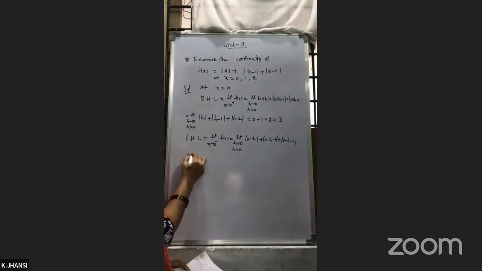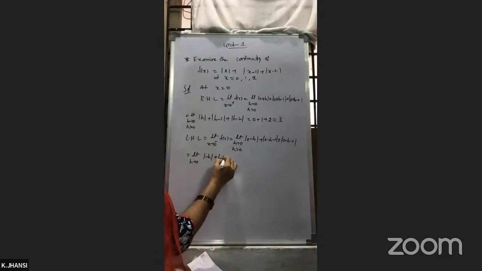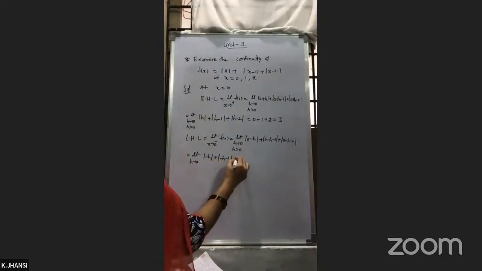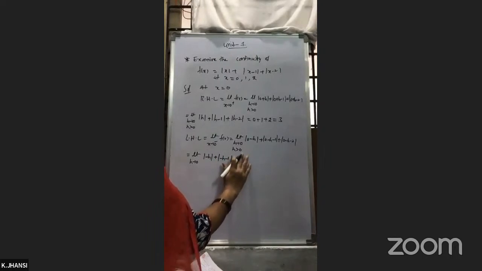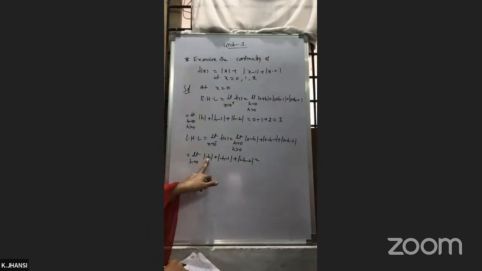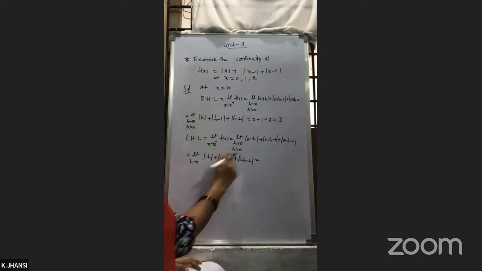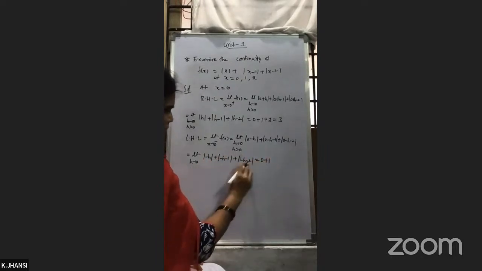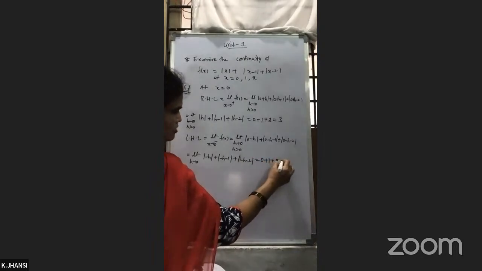Now when you simplify this, it is mod of minus h, mod of minus h minus 1, plus mod of minus h minus 2. Now in place of h, you substitute 0. So 0, this is 0 minus 1, so plus 1, and minus 2 will become plus 2.